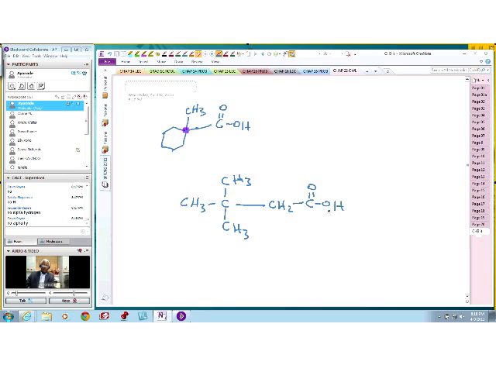Can you make this compound directly from Malonic Ester Synthesis or Acetoacetic Ester Synthesis? Yes or no? I see a lot of yeses here. The answer is no.